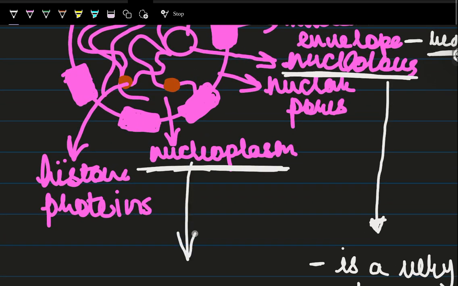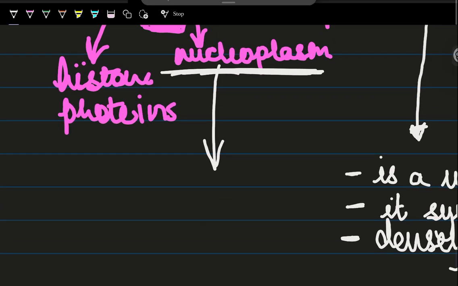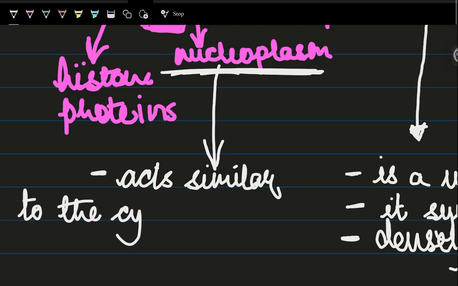Okay, so it's in the name, the nucleoplasm. It acts similar to the cytoplasm. Let me write it down. Acts similar to the cytoplasm. Yes, it's clear till now.